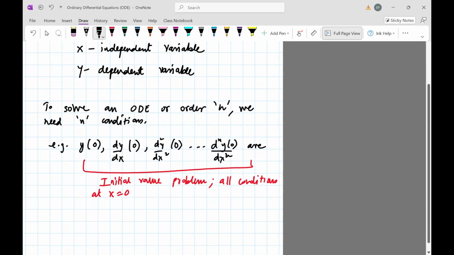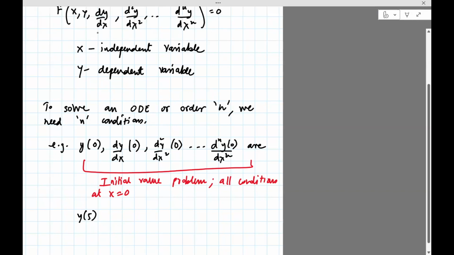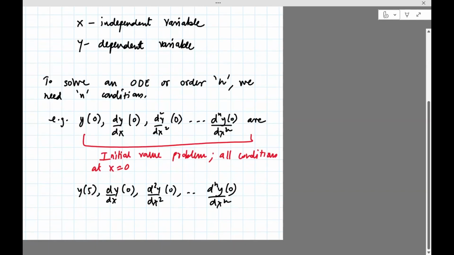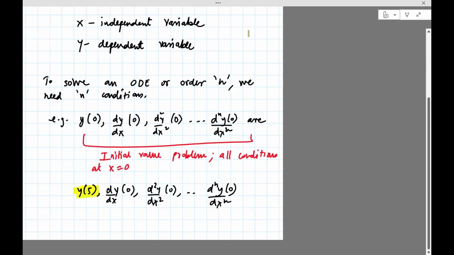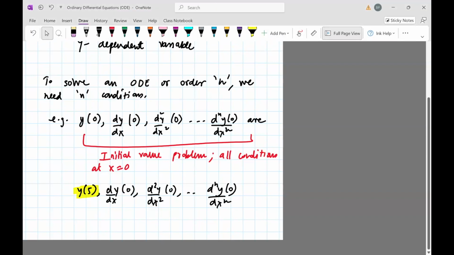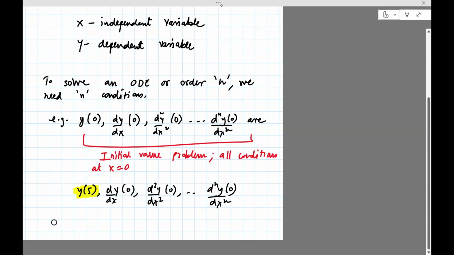For example, the simplest way is if you had been given something at x equals 5, say. So here note that only one condition is given at x equals 5. Now, the moment you have one condition given at a value other than 0, this problem is known as a boundary value problem.